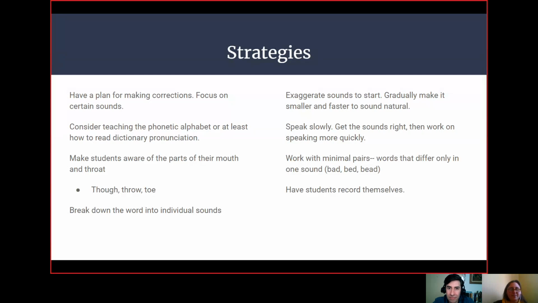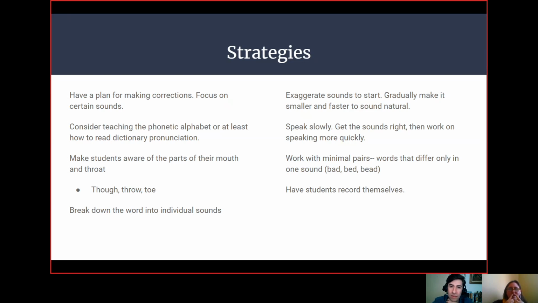So, for example, here we have these three words: though, throw, and toe. For though, your tongue goes in between your teeth, outside a little, and you can feel your vocal cords vibrate. With throw, your tongue goes just under your teeth.